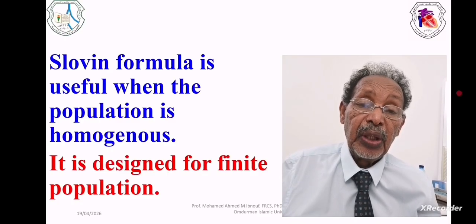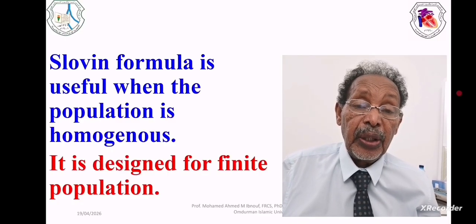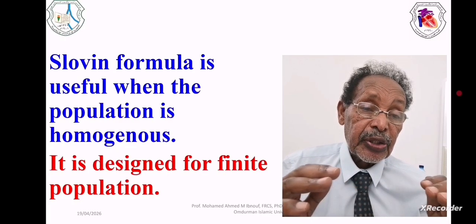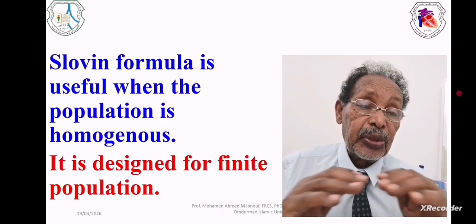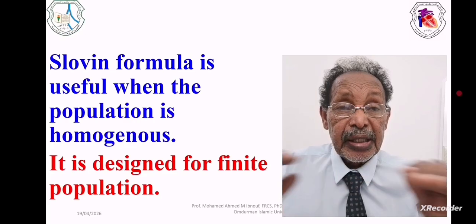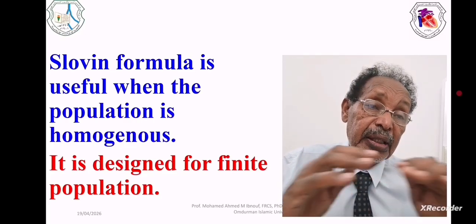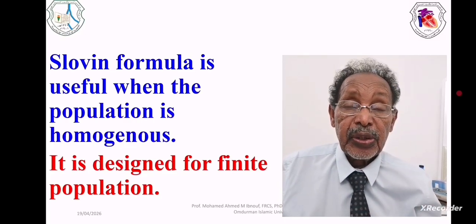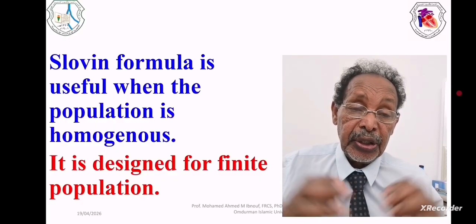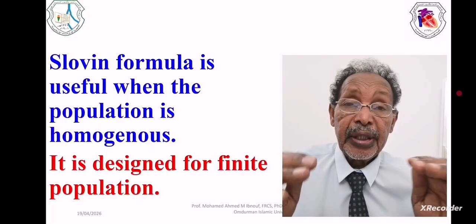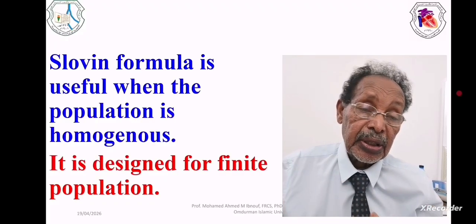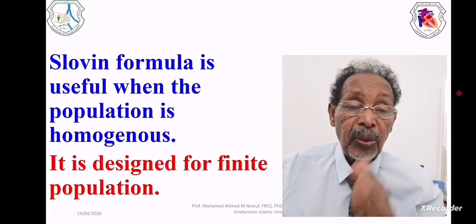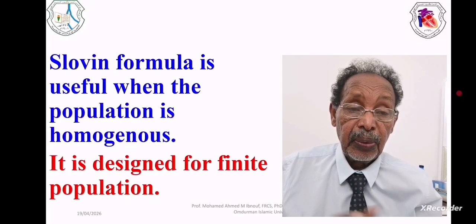The Slovin formula is useful when the population is homogeneous, when the cases are similar to each other. For example, all cases are appendicitis, all cases are road traffic accidents, or all cases are war injuries, or all cases are related to a specific cancer or a specific disease or procedure, for example laparoscopy, open cholecystectomy or laparotomies.